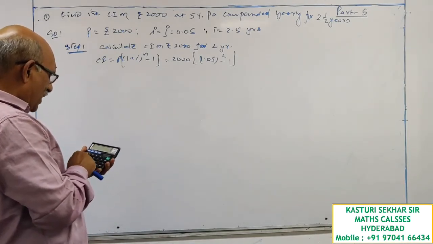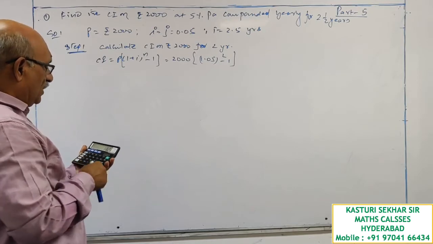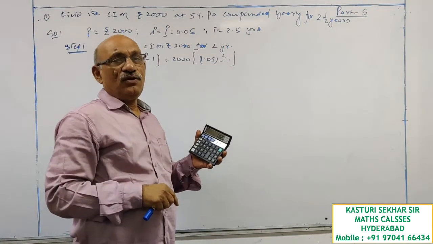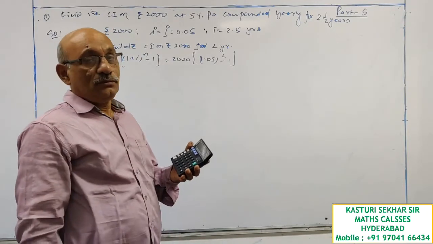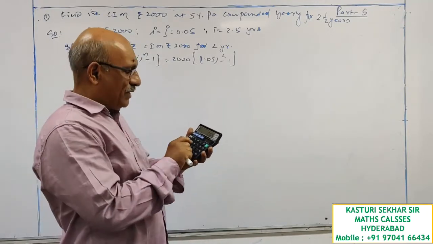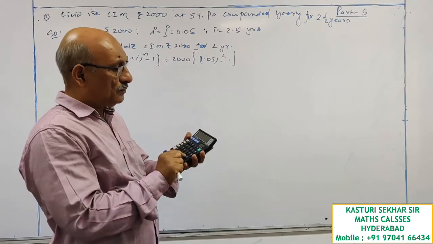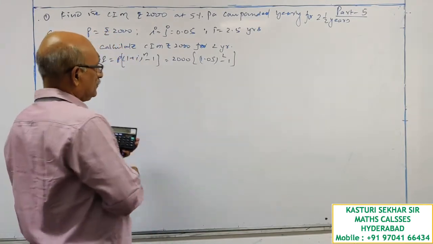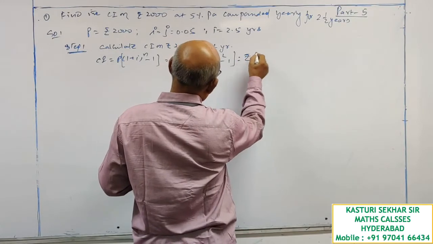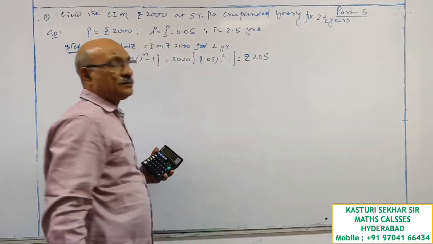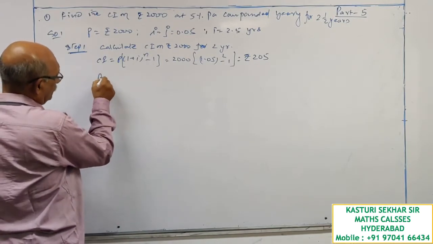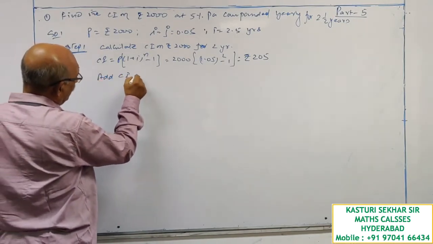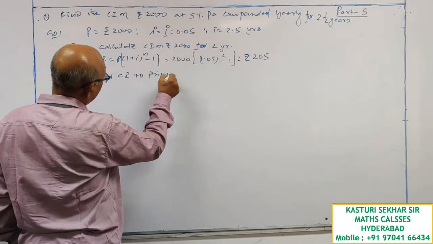So 1.05 squared is 1.1025, minus 1, multiplied with 2000, gives rupees 205. Now add compound interest to principal.